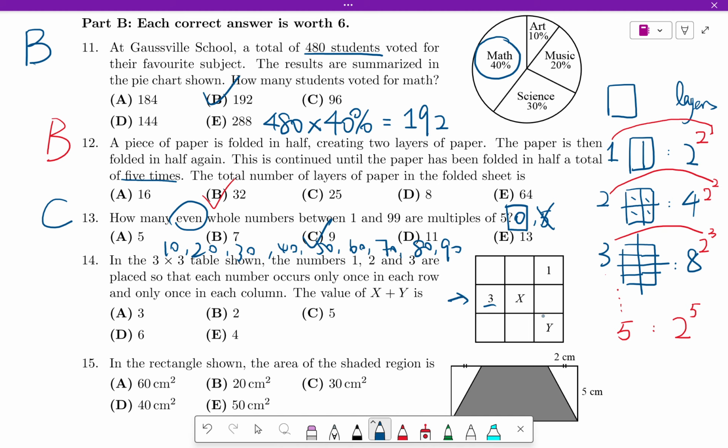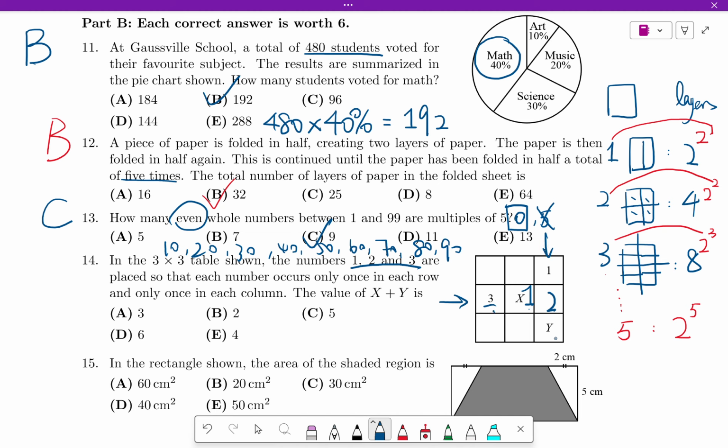in a 1 and a 2. So we can start by placing a 1. So we have 2 possible slots. We can put 1 here and 1 here. However, since there's already a 1 in this column, it can't be another 1 in the same column. So the only possible slot for the 1 would be in the middle, which is where x is. And since we have 1, 2, 3 on each row, in this middle row we will also have 1, 2, and 3.